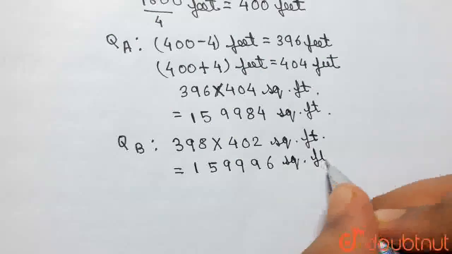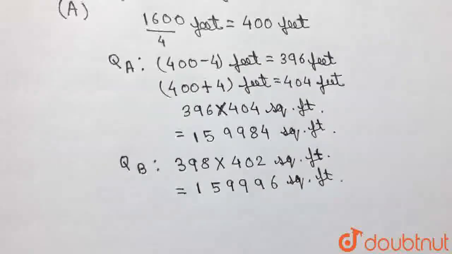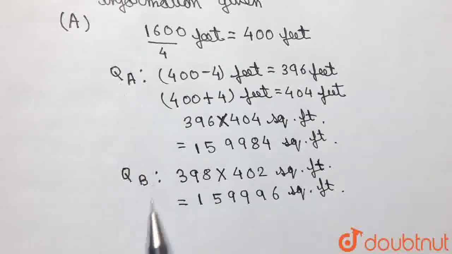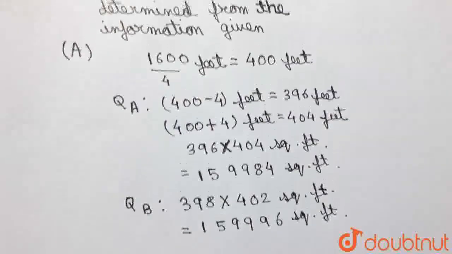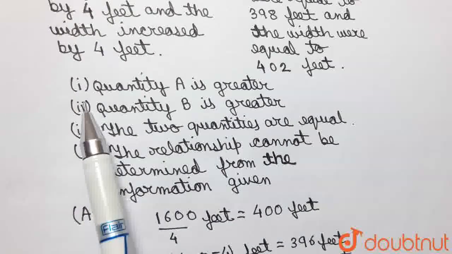As we can observe, the numeric value of quantity B is 159996, which is greater than the numeric value of quantity A. So we can conclude that out of the two quantities, quantity B is greater, and in that case, option number 2 is the correct answer.